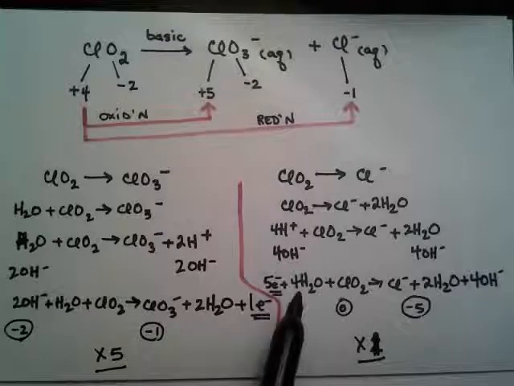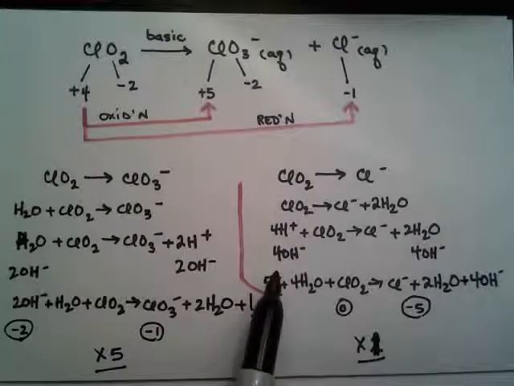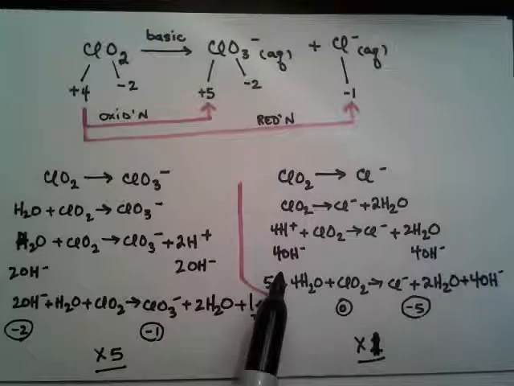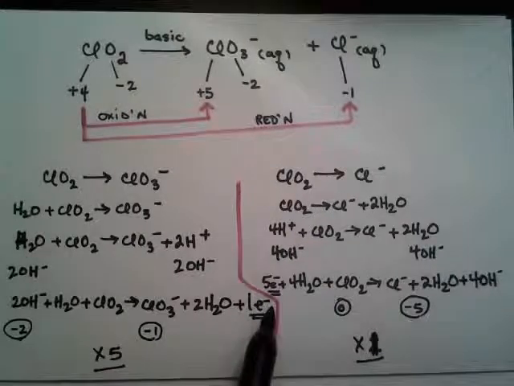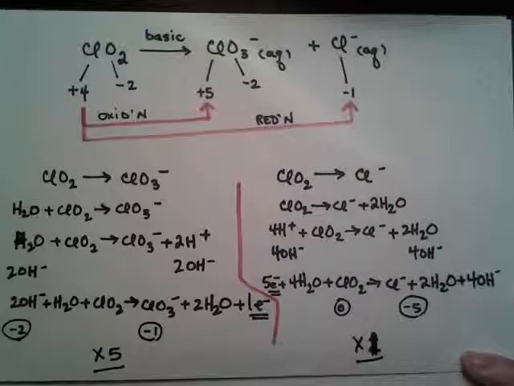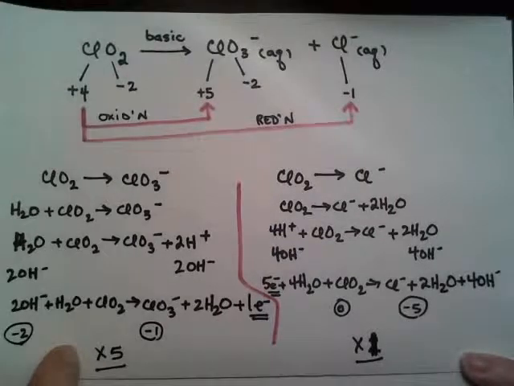And over here, this became, again, don't look at the number of electrons yet, 4 waters plus ClO2 goes to chloride plus 2 water and 4 hydroxide. The charge was 0 on the left, -5 on the right, so I did need 5 electrons. Okay, so now I'm at the stage where I'm balancing the transfer and adding.